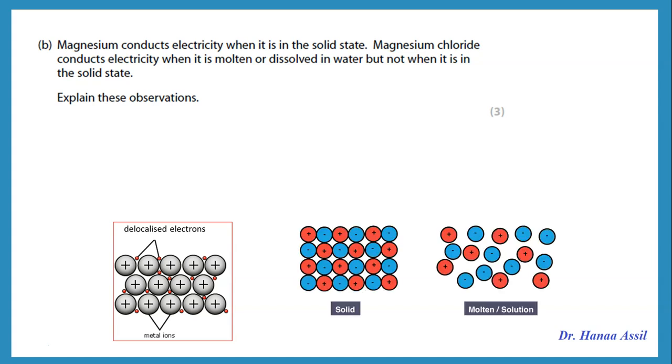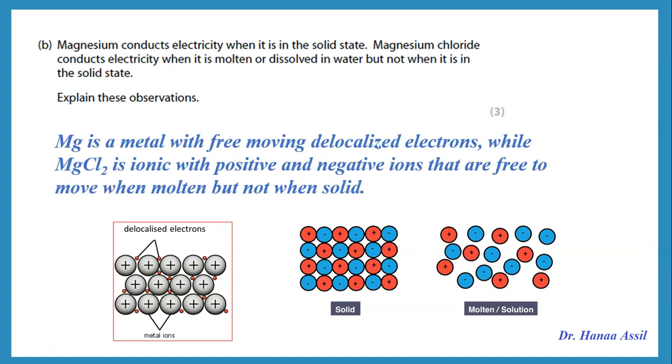While magnesium chloride is an ionic compound made up of positive and negative ions. As a solid, the ions are fixed in a regular crystal lattice. But when molten or in solution, they are free to move.